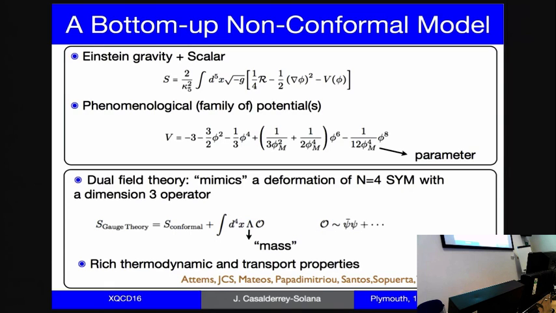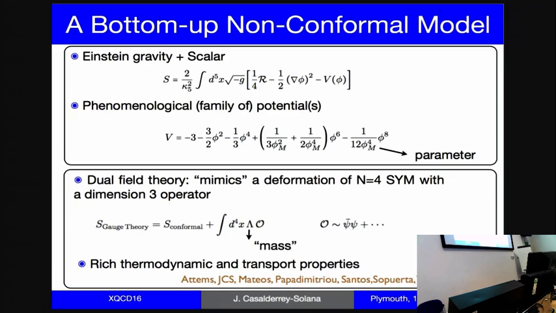What we did to write a non-conformal theory is the minimal modification of the previous problem. It's not just Einstein gravity, but there is a scalar field in this 5-dimensional theory. We decided to do the simplest possible thing, because these numerics become complicated, and just add one single scalar with some particular potential.